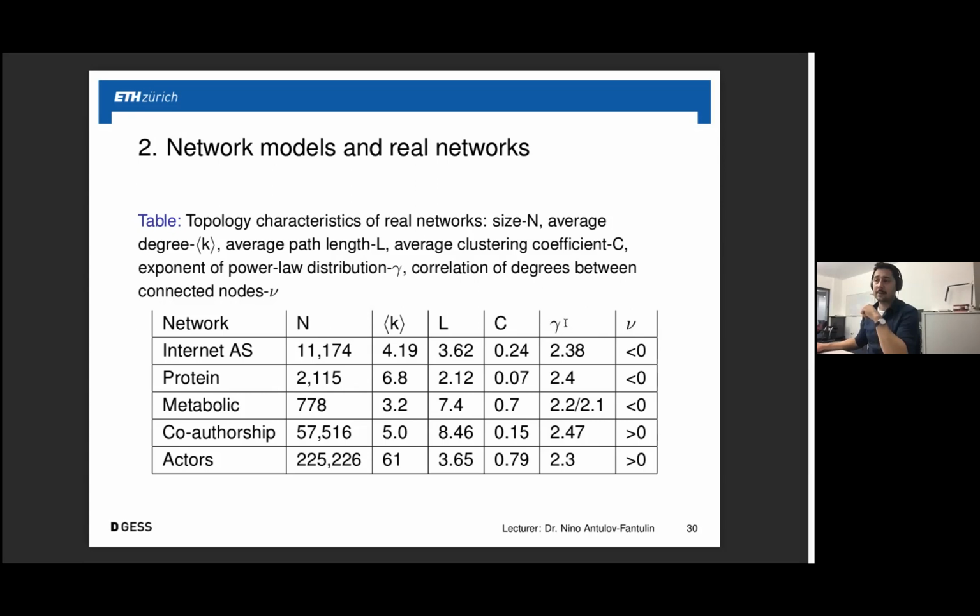This is the exponent gamma in the degree distribution, k to the power of minus gamma. And we also have whether we are talking about assortative or disassortative mixing.